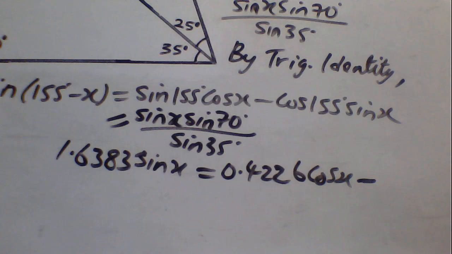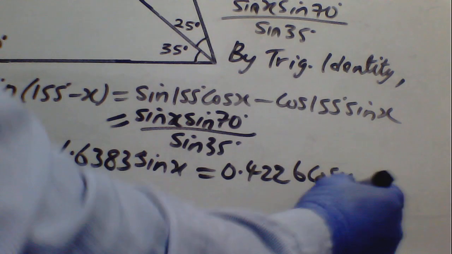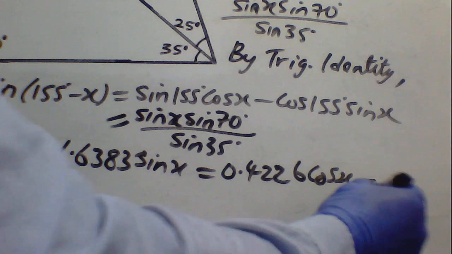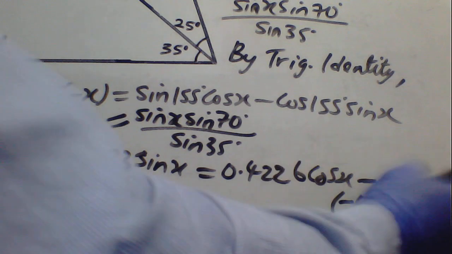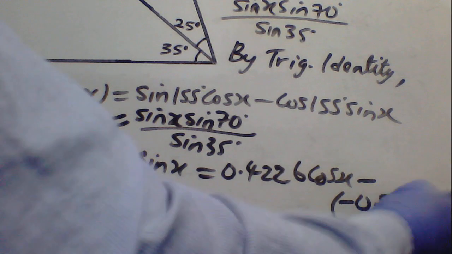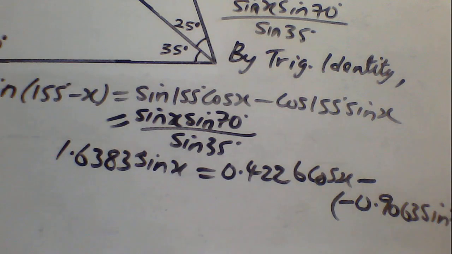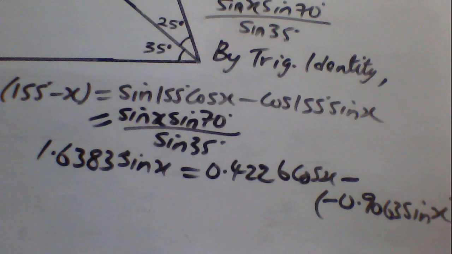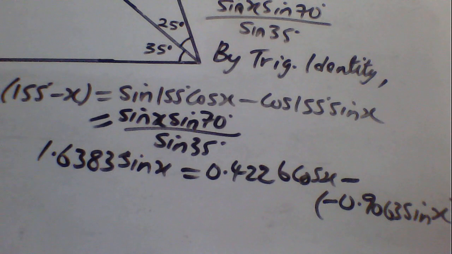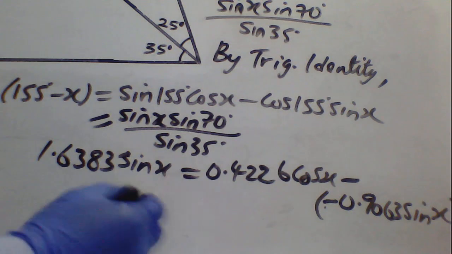Cos 155. Cos 155 is in the second quadrant, so it is negative 0.9063, multiplying sine x. Because we multiply it by sine x, minus minus will give us plus.